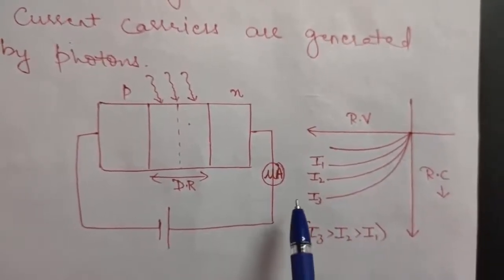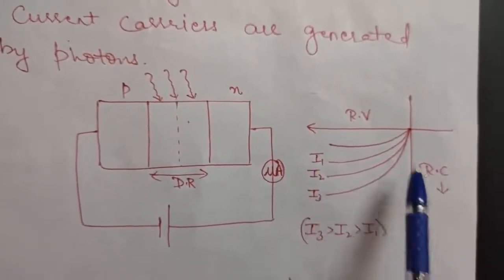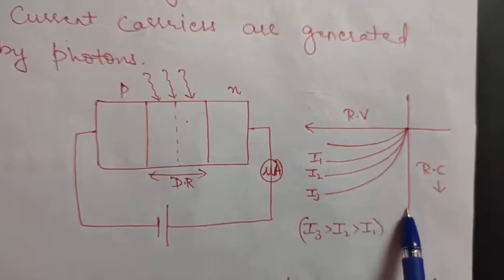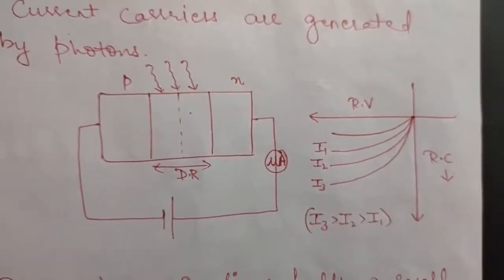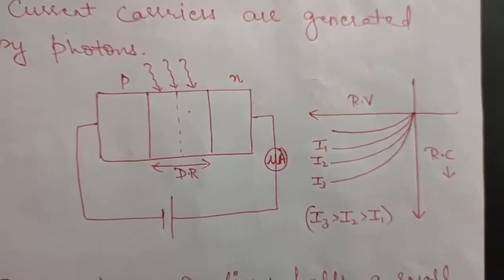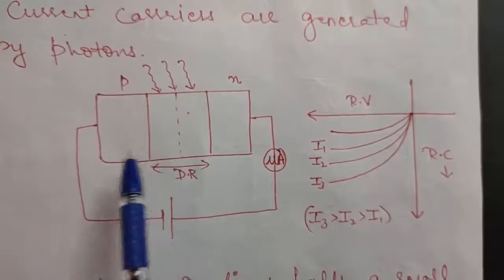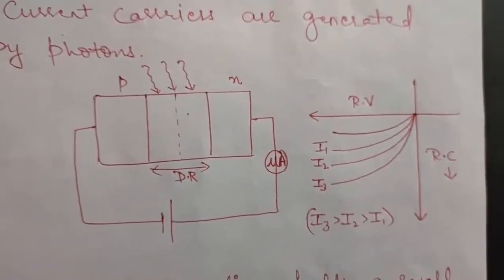As you can see, as the intensity keeps increasing, the reverse current also keeps increasing. Therefore the photodiode is used in reverse biasing condition. Photons have created the current carriers, due to which we have got reverse current.